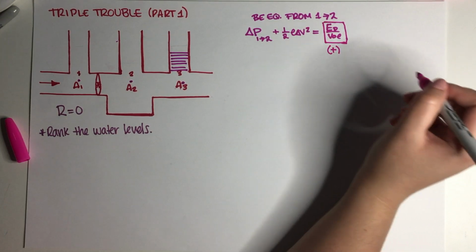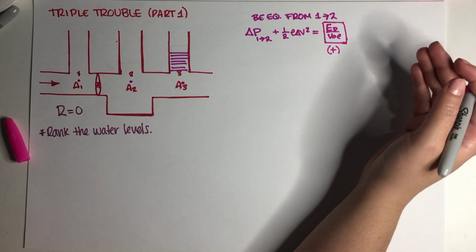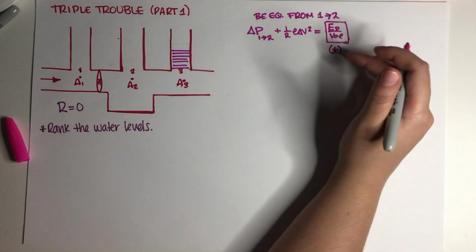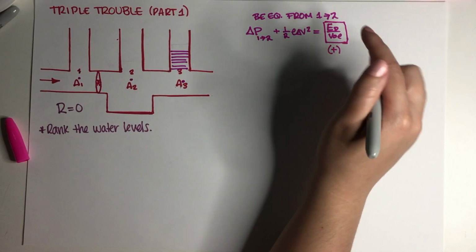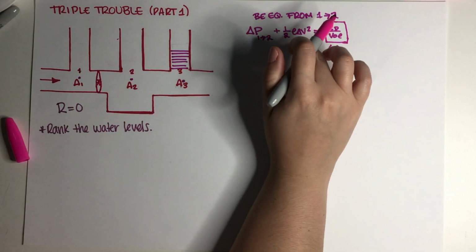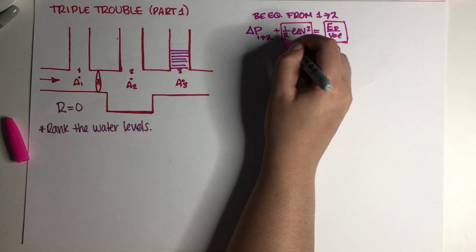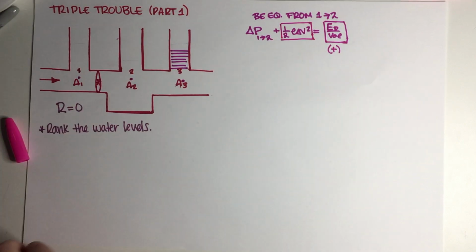Pumps never take energy away from the system. Pumps can only add energy to the system. So this term is always going to be positive. Now, this term over here can either be positive or negative by definition. So we need to figure it out by looking at what we have.